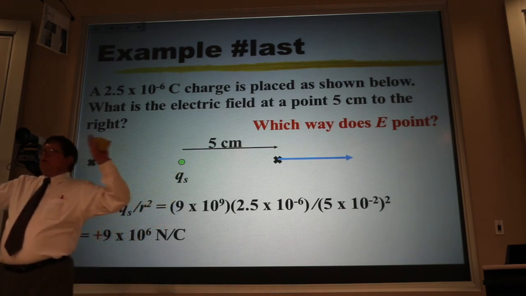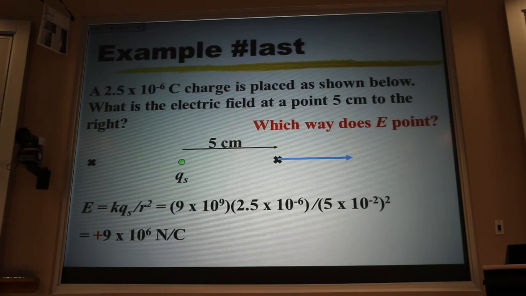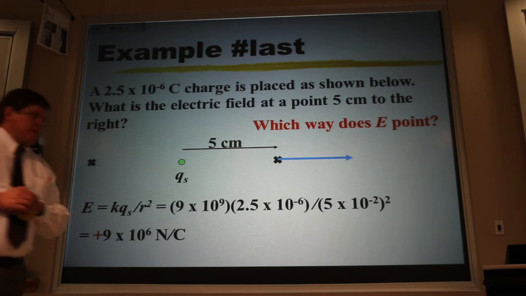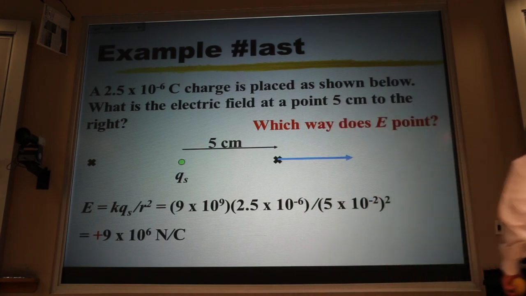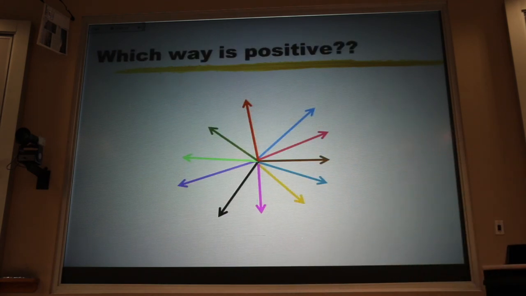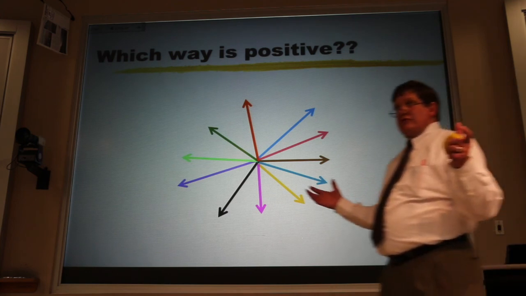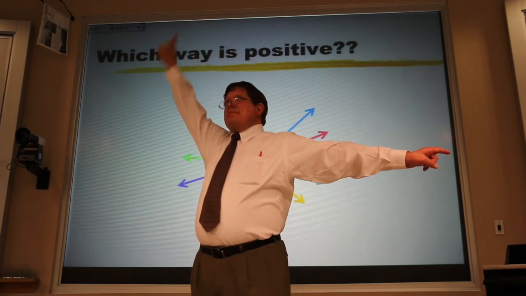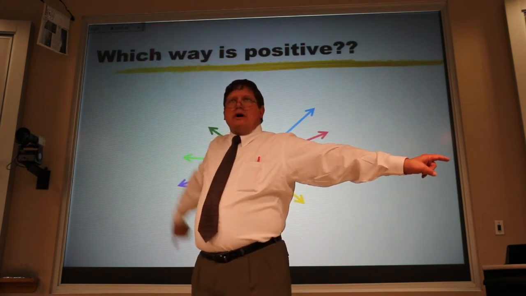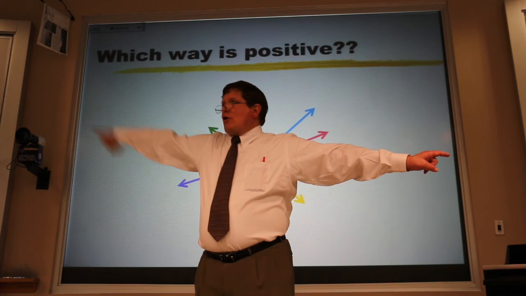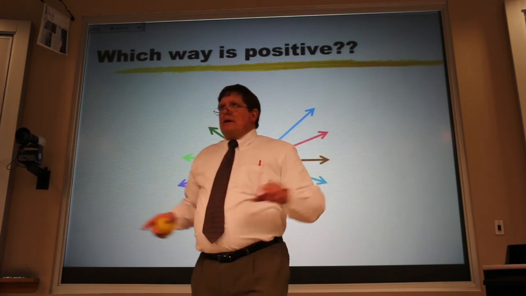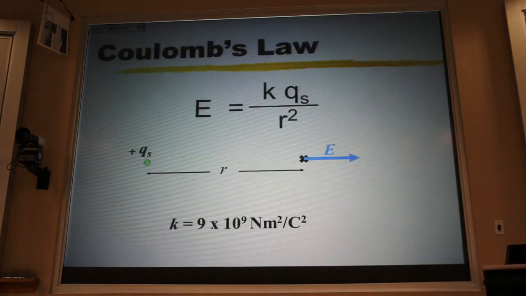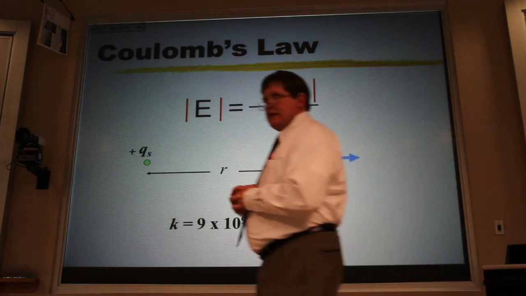And indeed, if we put too much stock in this plus and minus sign with three-dimensional problems, we run into trouble. Because in 3 dimensions, I have an infinite number of directions. If I call one direction the negative direction, what do I name the infinity minus 1 directions that are left? They can't all be the positive direction. So what we do instead is when we use Coulomb's law, we use it to find the magnitude, the strength of the electric field.